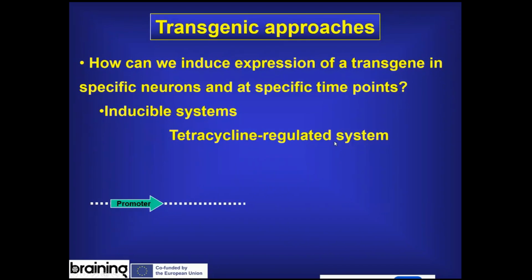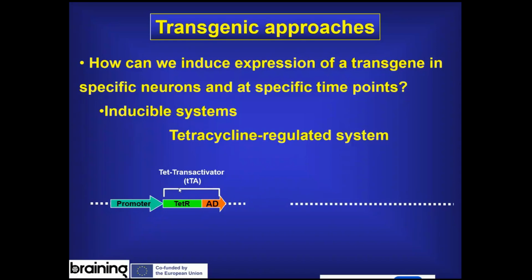The idea of borrowing this system from bacteria is to make a transgenic mouse which has a cell-type specific promoter which expresses the TET transactivator. This is a transcription factor that is bound by tetracycline.